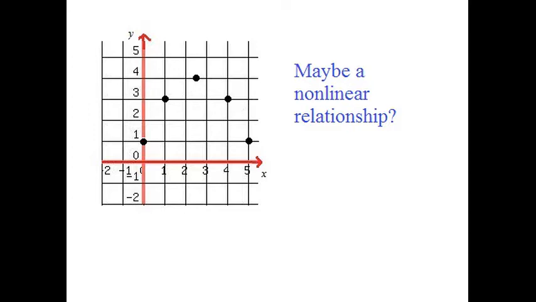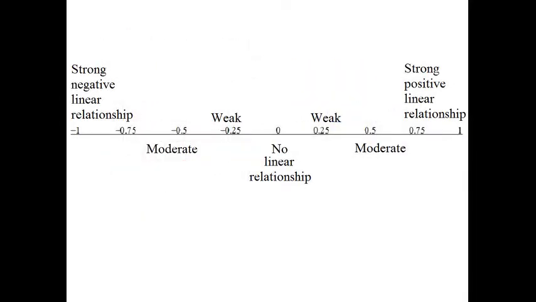Besides describing a correlation coefficient as positive, negative, or zero, we also want to describe the strength of the relationship. For values close to 1 or negative 1, we say the correlation is strong. For values close to 0, from about negative 0.25 to positive 0.25, we say the correlation is weak.